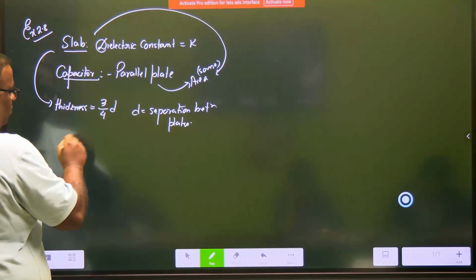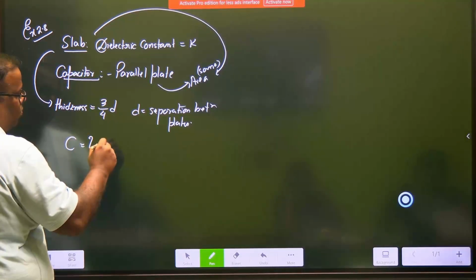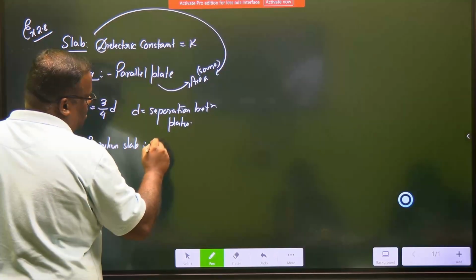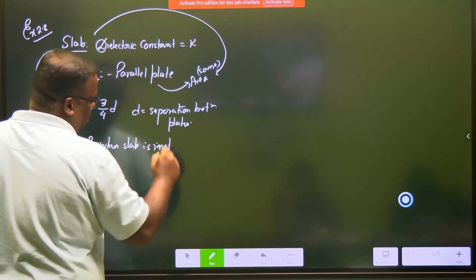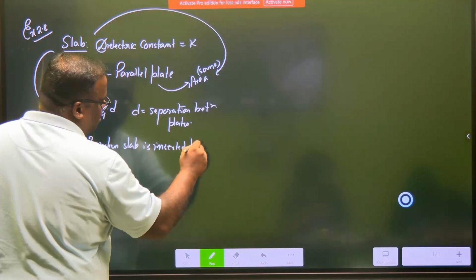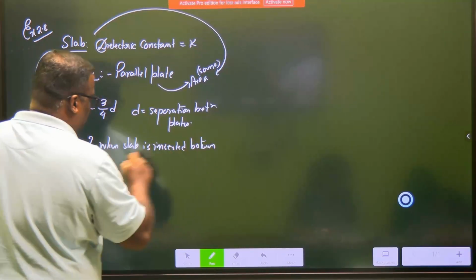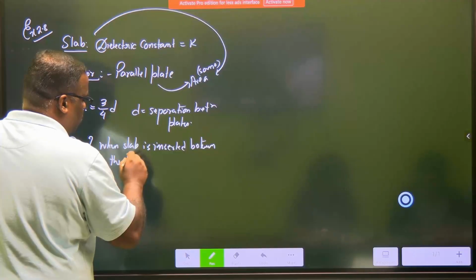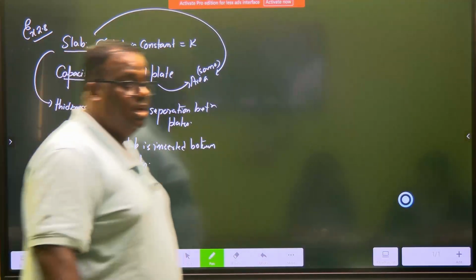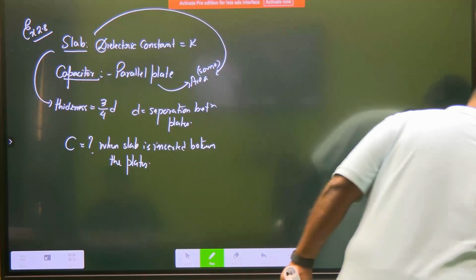So we have to find out what is the capacitance when the slab is inserted between the plates. This is a known phenomenon that whenever you insert a dielectric, the capacitance is always going to increase.